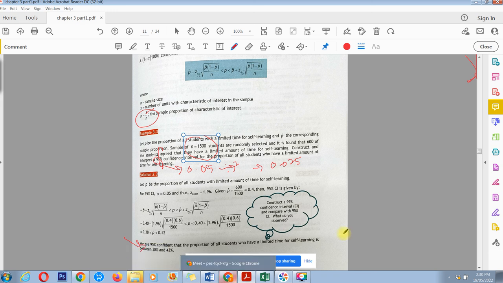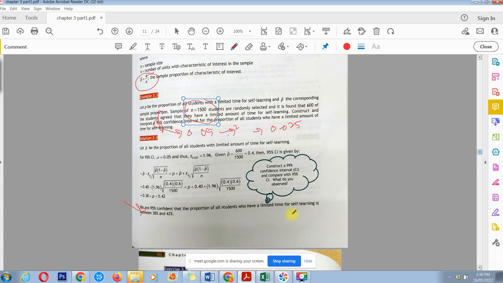After you have all the information, you put it in this formula, and then you get this, and as usual make a comparison. So from here, actually we can also construct the 99% confidence interval, so we can see what will happen here. What do you observe? Apa yang kita boleh tengok? Kita boleh tengok the difference of the interval tu makin kurang ke makin bertambah, is the interval increasing or decreasing?